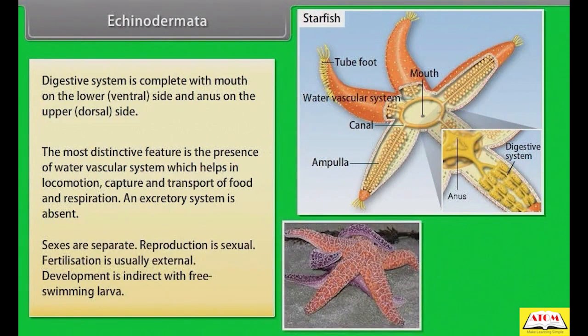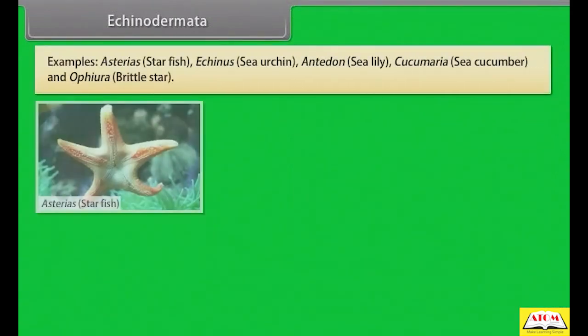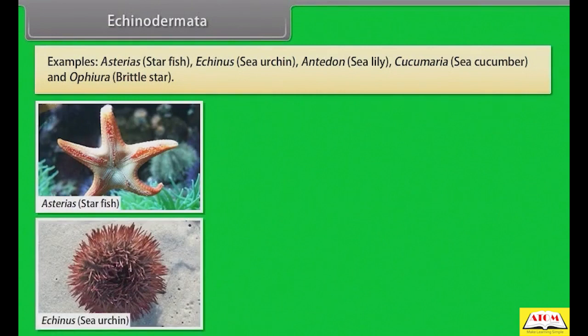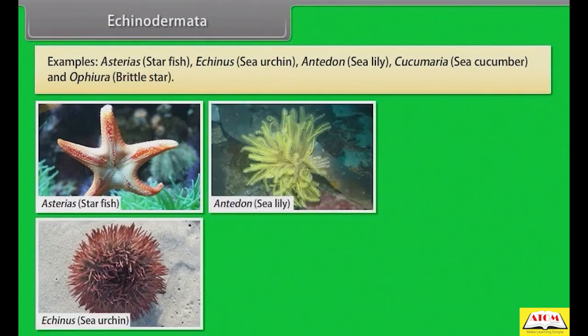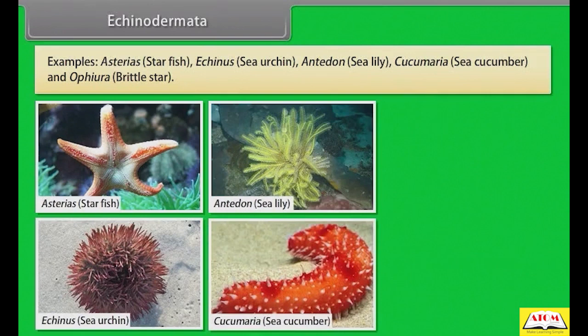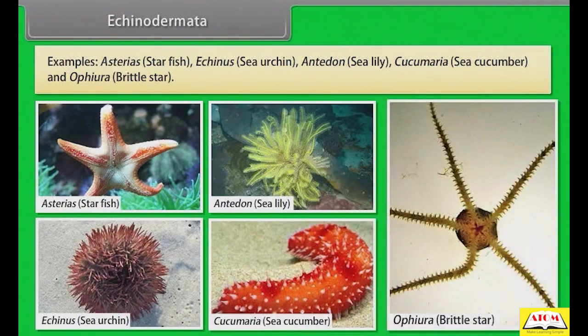Reproduction is sexual. Fertilization is usually external. Development is indirect with free-swimming larvae. Examples: Asterias, that is starfish; Echinus, that is sea urchin; Antedon, sea lily; Cucumaria, sea cucumber; and Ophiura, brittle star.